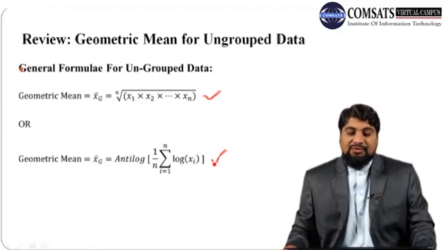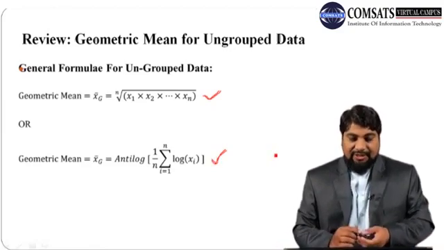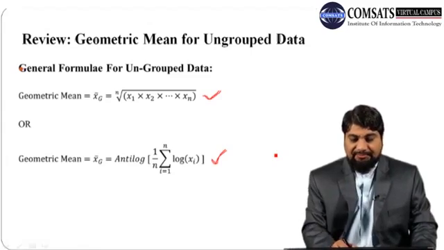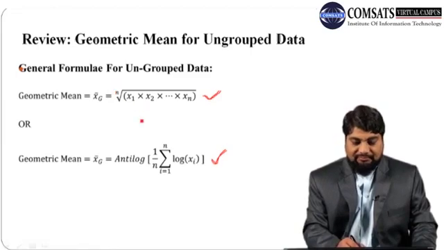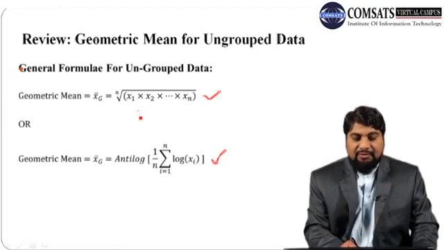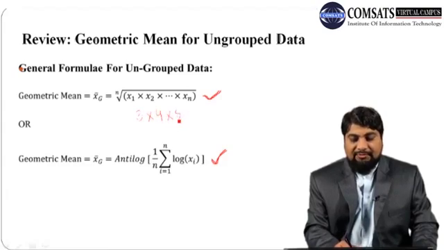Suppose we want to find the geometric mean of 3 numbers. Suppose the first number is 3, the second number is 4 and the third number is 5.